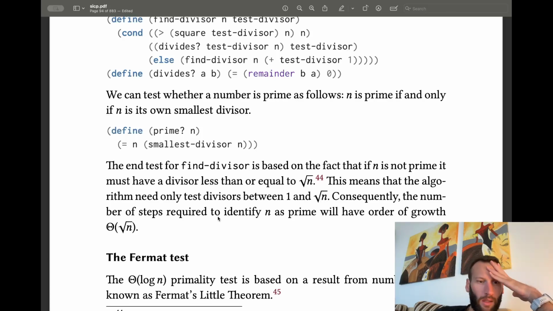This means that the algorithm need only test divisors between 1 and square root of n. Consequently, the number of steps required to identify n as prime will have order of growth square root of n.